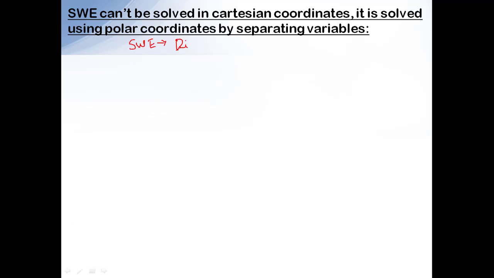Those of you who have a mathematical background have studied differential equations; there is a complete chapter on them. Differential equations can be solved by a method called separation of variables, or the variable separation method.